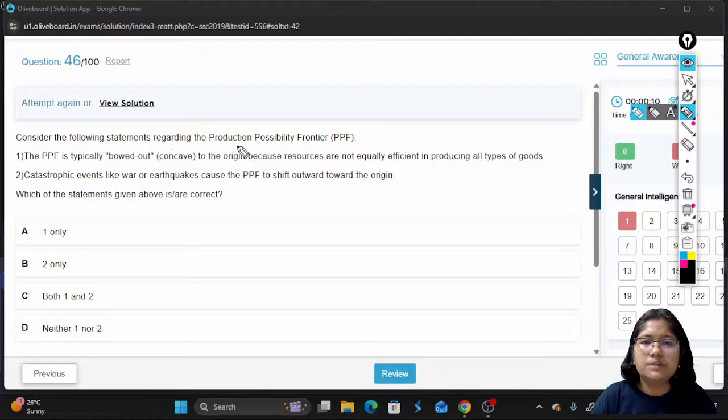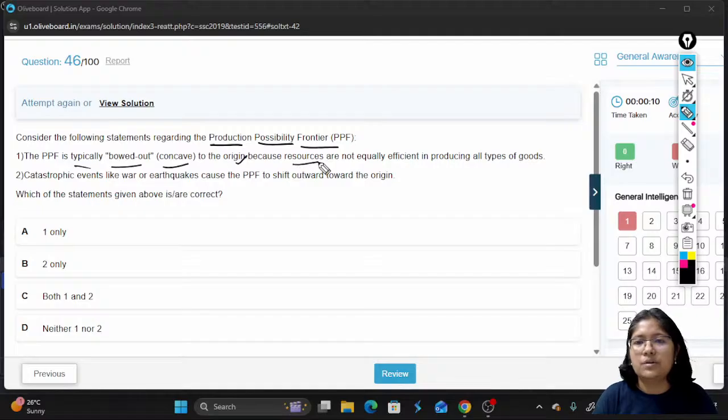Consider the following statements regarding the production possibility frontier, PPF. The PPF is typically bowed out, concave to the origin, because resources are not equally efficient in producing all types of goods. Okay, so if we talk about purchasing power parity, and if we talk about the production possibility frontier, in both cases you get this kind of statement-based questions.